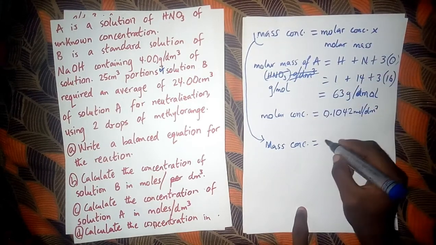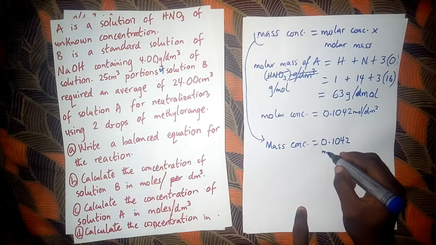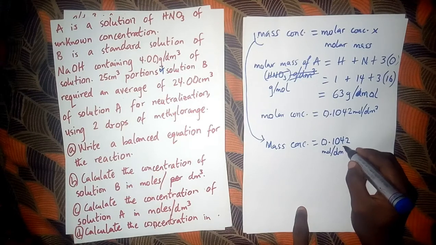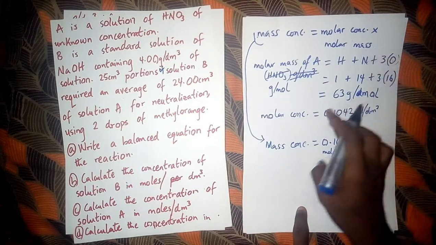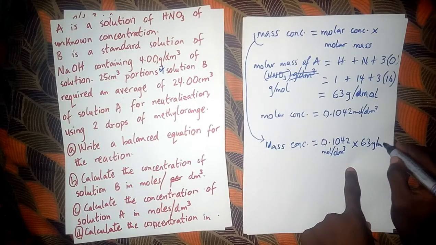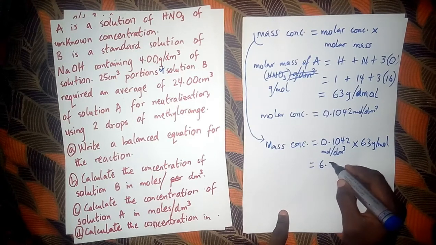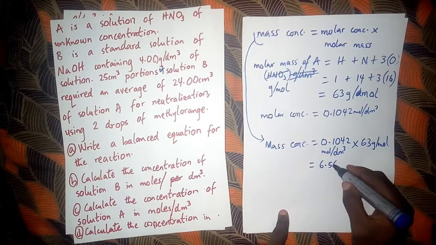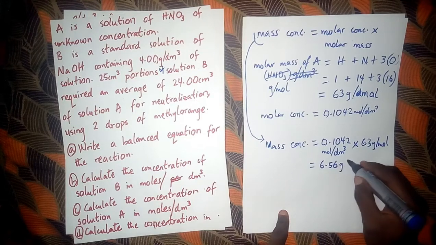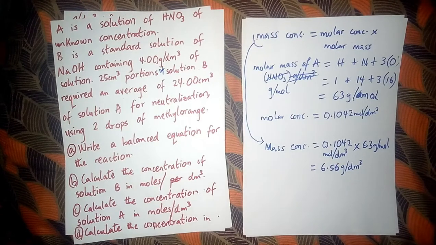We have molar concentration as 0.1042 mole per dm cube times our molar mass, which is 63 grams per mole. If you multiply it together, this will give us 6.56 gram per dm cube. So that's the solution for the question.